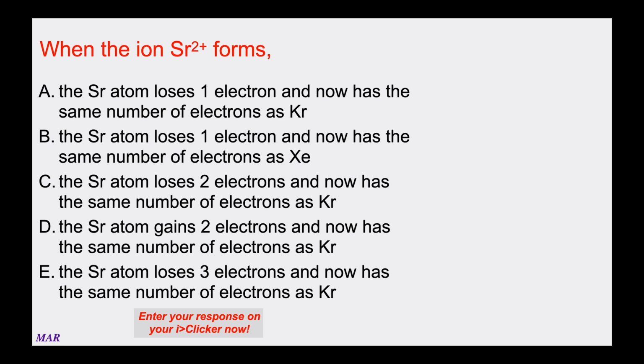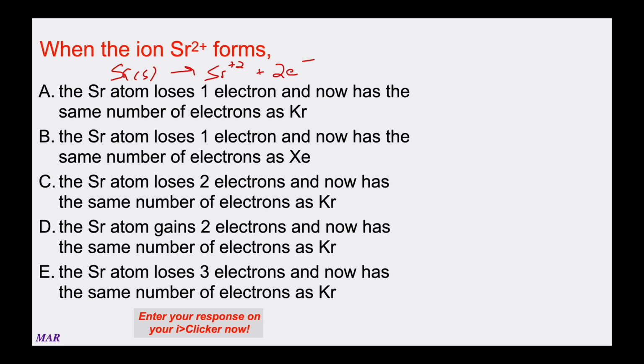And if you make a positive 2 ion, you are going from neutral strontium, just Sr, which is a metal, if you look on the periodic table, to strontium with a positive 2 charge, and those 2 electrons are kicked out. Now remember, in neutral strontium, 38 protons, 38 electrons, that's what neutrality is.